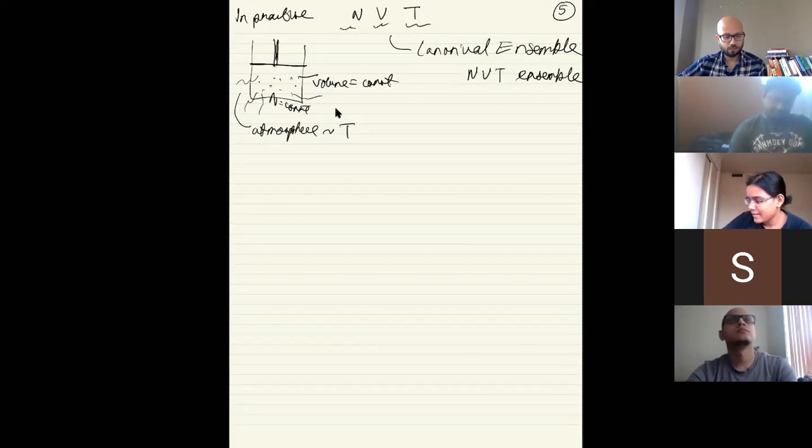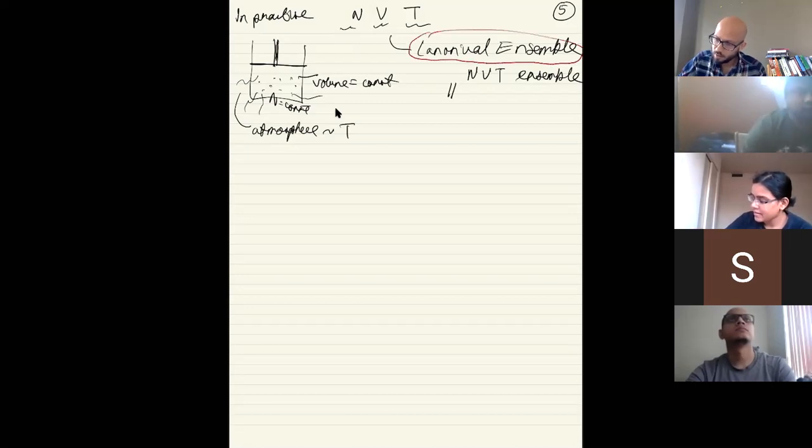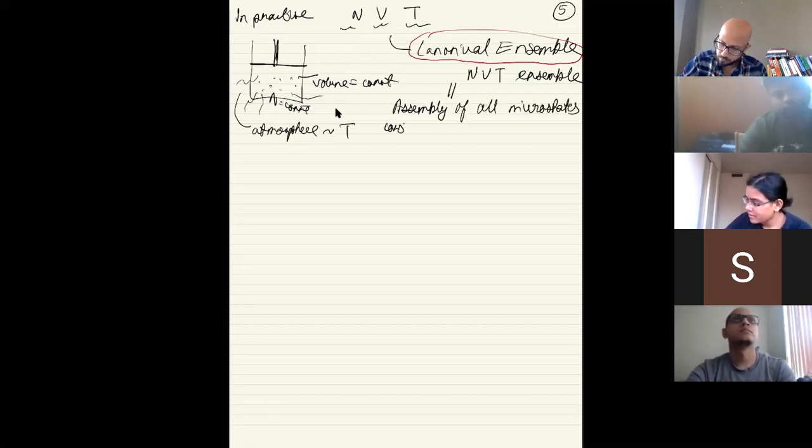So how do I define this? A canonical ensemble, and again, this is a new concept. I'll try to color the new concepts in red. A canonical ensemble can be defined as an assembly of all microstates consistent with fixed N and volume V. Okay?